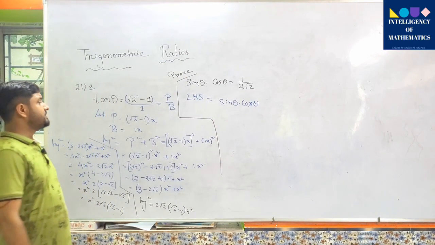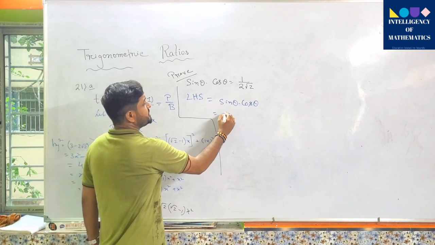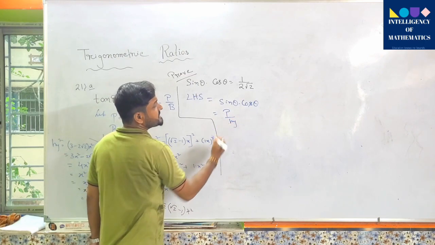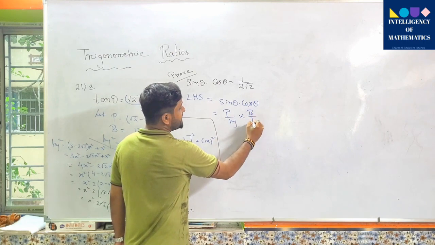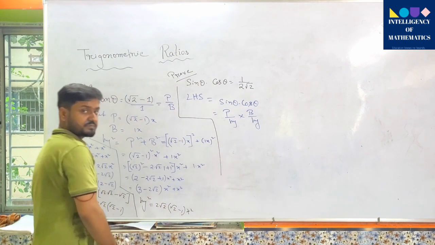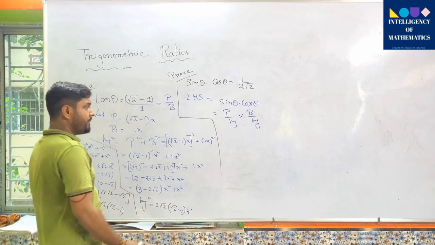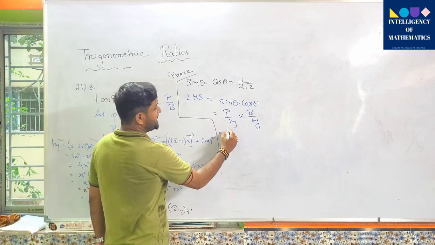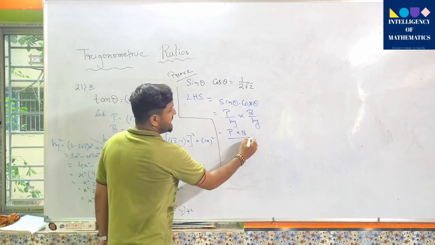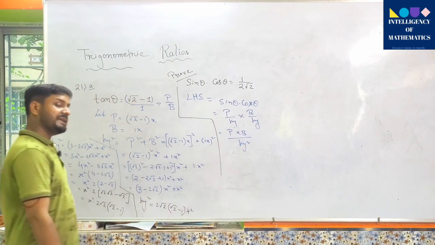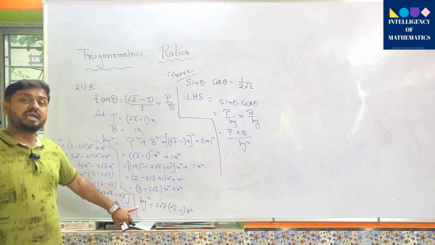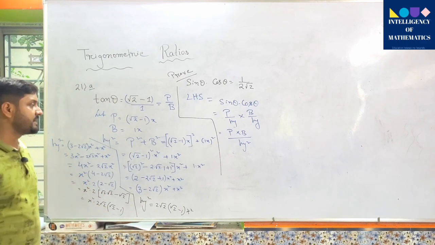Sine theta's value we will take out as perpendicular by hypotenuse, and cos theta's value is base by hypotenuse. Now we will be getting here perpendicular into base, hypotenuse into hypotenuse will give you hypotenuse square. That is the reason I have kept it hypotenuse square only.